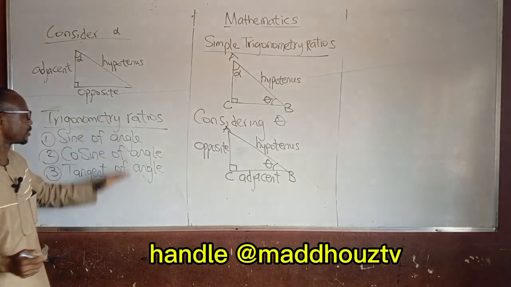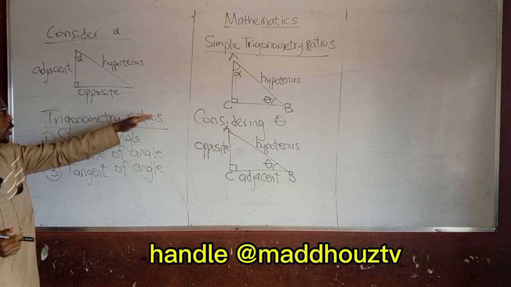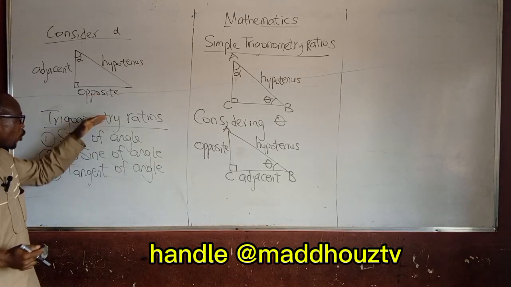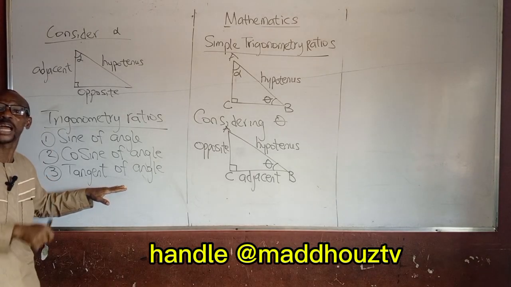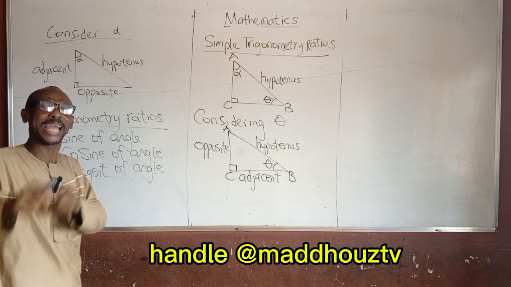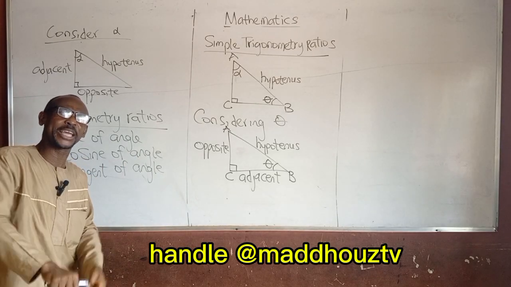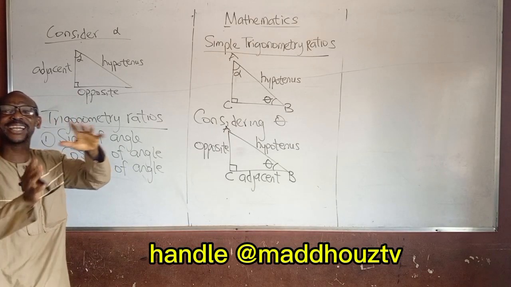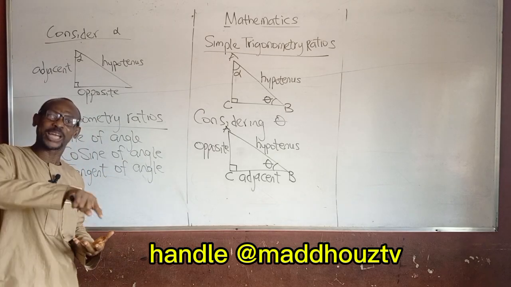Wetin we say these trigonometry ratios be? We dey use them to solve problem for right angle triangle. We take dey calculate the length of the triangle and also to calculate the angle inside the triangle. Our Pythagoras na only the length of the right angle triangle you go fit calculate. You no go fit calculate angle.